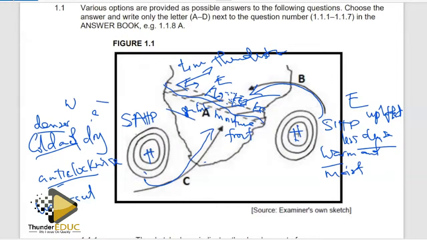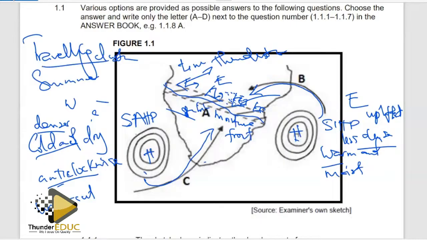We call it traveling disturbances. The weather system is regarded as traveling disturbances associated with summer conditions. It is a traveling disturbance which happens during the summer season. This is typical of summer conditions over the interior.